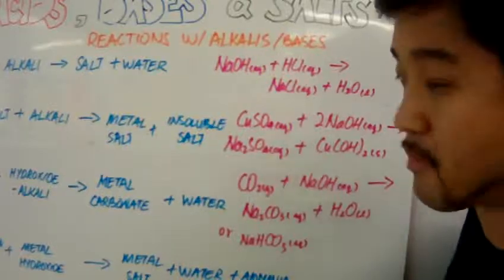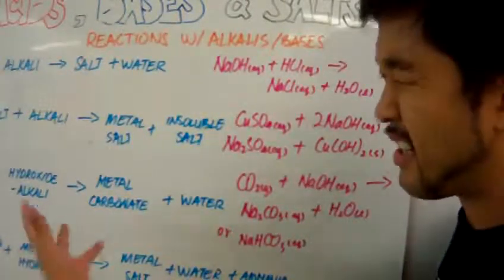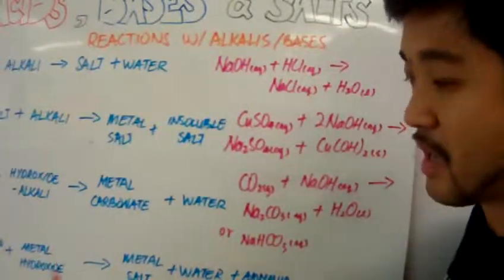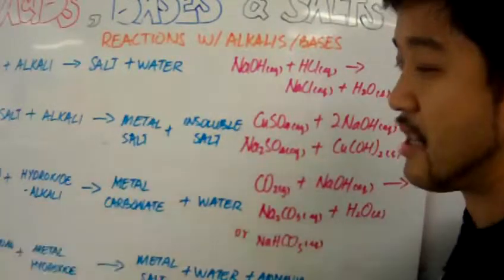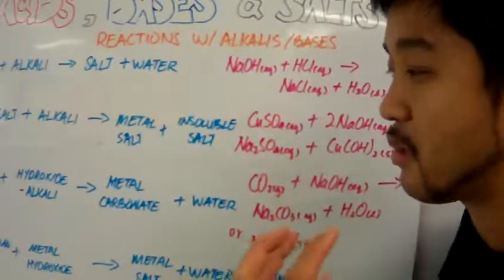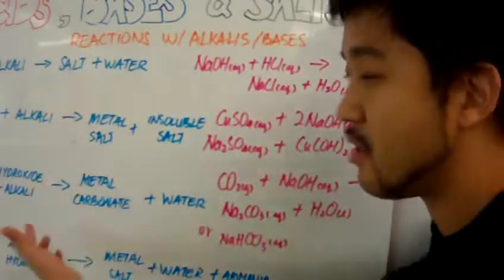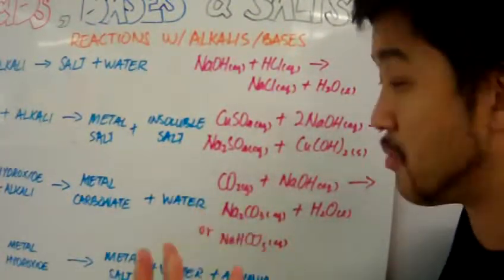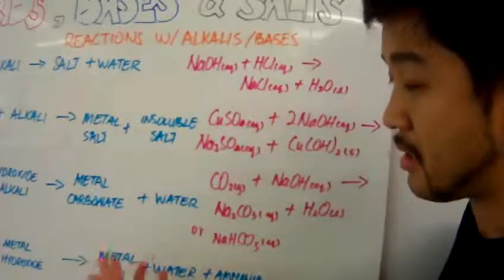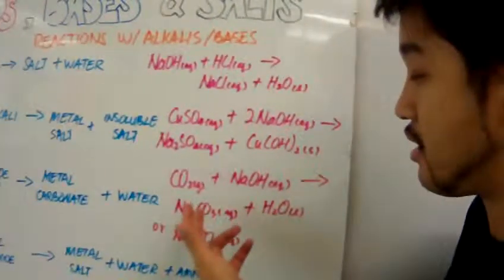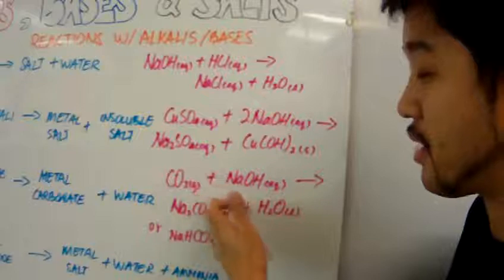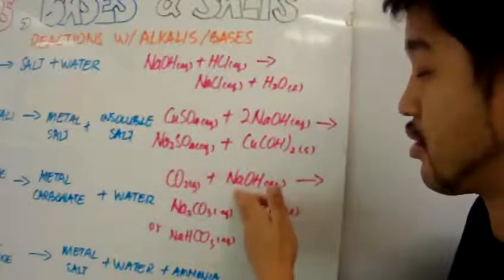The third example is acidified carbon dioxide. So it's kind of like carbonic acid. So it's kind of like an acid-base reaction, acid-alkali reaction. So you have acidified carbon dioxide with hydroxide, specifically alkali, because these also are soluble. And you get a metal carbonate and water. So here I have an example of carbon dioxide plus sodium hydroxide.